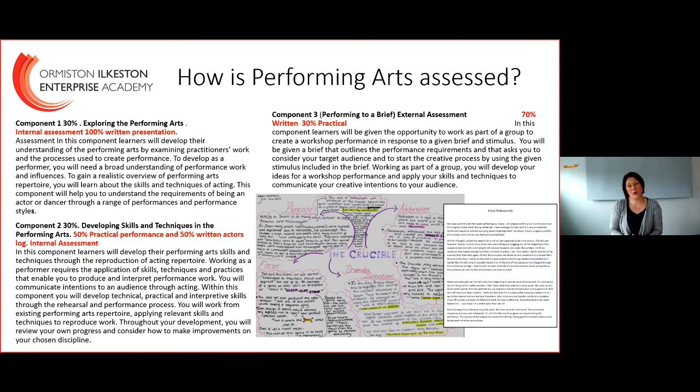You will then work in anything from a monologue right the way through to a group performance to create your own interpretation of a published play script. You perform that in front of myself and an invited audience of other students, usually those in your class. We film it and then you complete a final written evaluation.